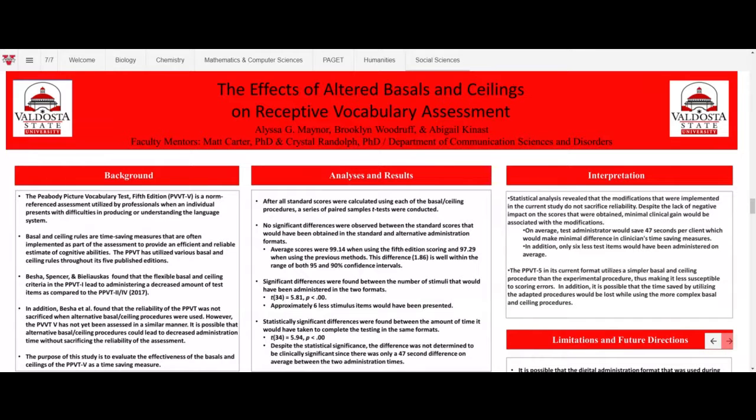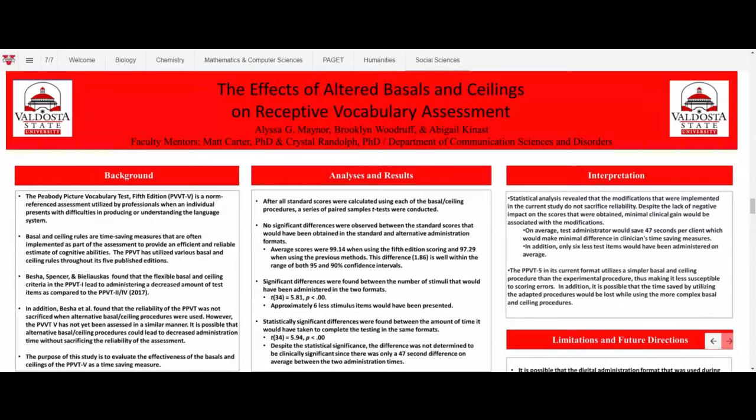The people that created the 4th edition wanted to have better test efficiency and test reliability. So the whole goal of our study was to find what the differences were, and if they actually did what they wanted to do with the 5th edition.